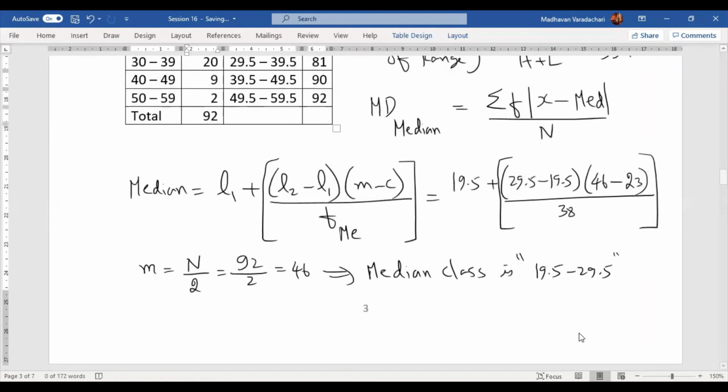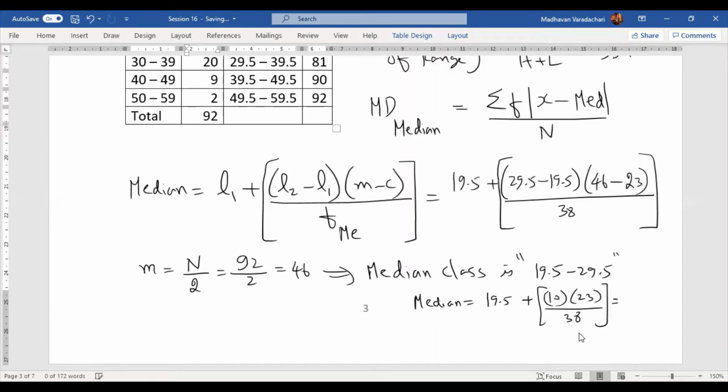So our median will be what? 19.5 plus, this is 10. So 10 multiplied by, this is 23, divided by 38.